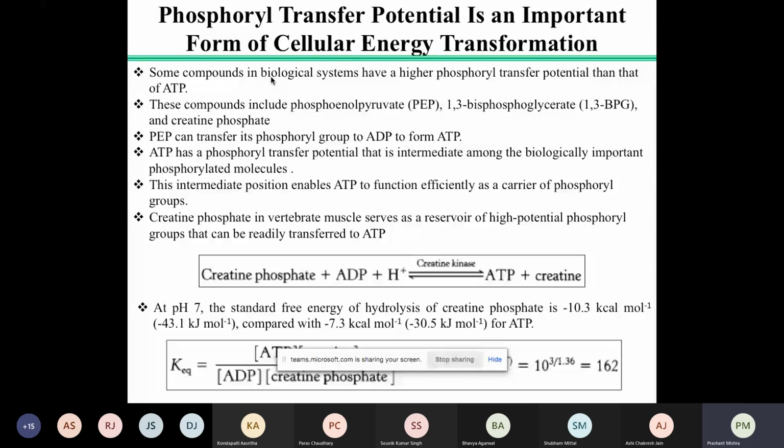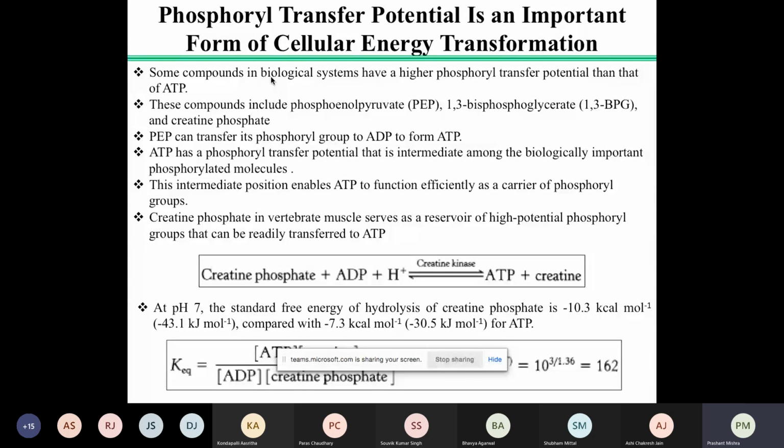The second part is that there are certain compounds, and they are not very many. There are very few compounds which can transfer their phosphoryl group, or which have a higher phosphoryl group transfer potential than ATP. These compounds are, for example, phosphoenol pyruvate. If you look at biological reactions, these compounds are the ones involved in ATP synthesis at the substrate level.